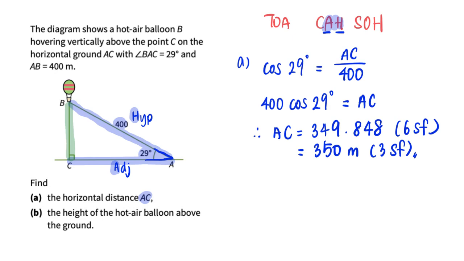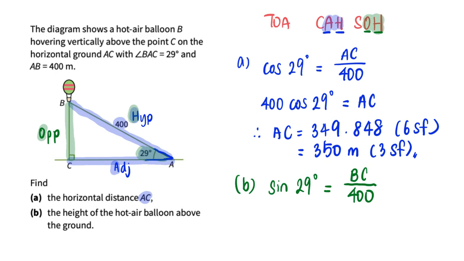And since we already have the angle and we know that 400 is the hypotenuse, BC will be my opposite side. So with H and O, with respect to the same angle 29, we are going to tap on our sine ratio this time, which will be O, which is my BC, over my H, 400 again.